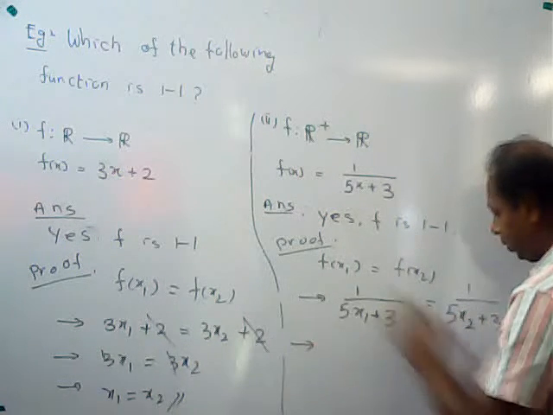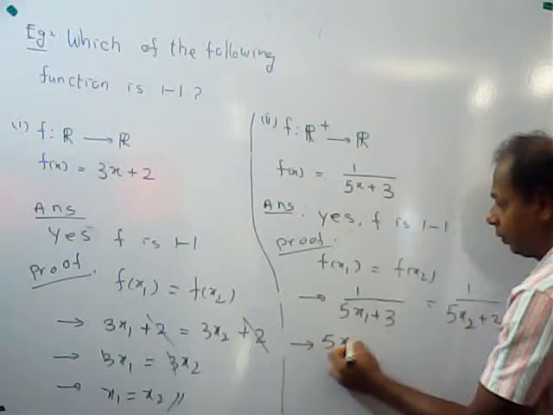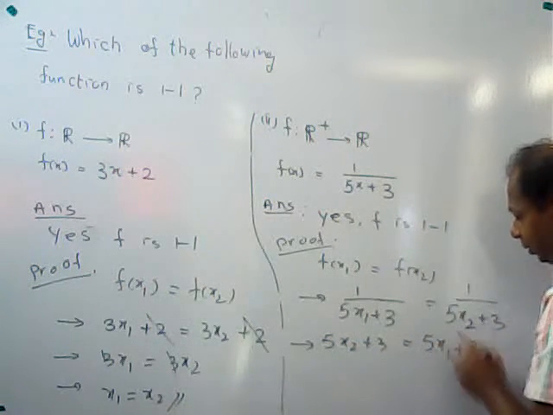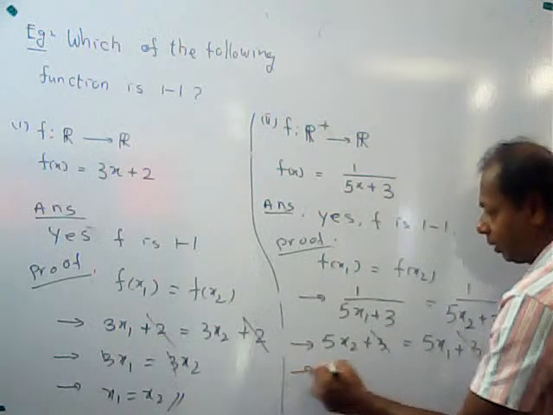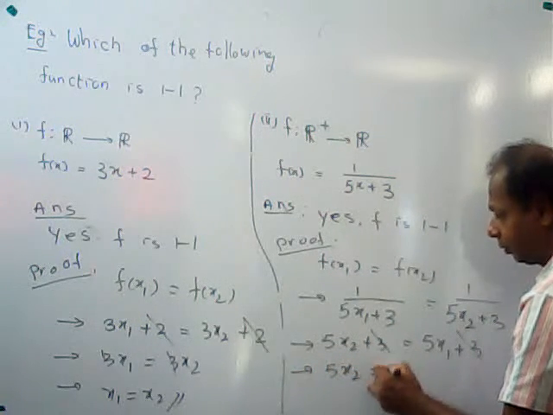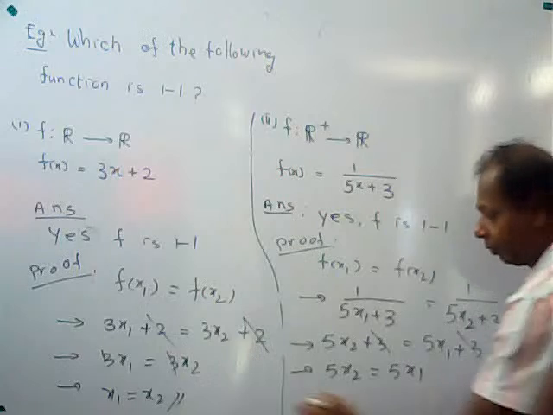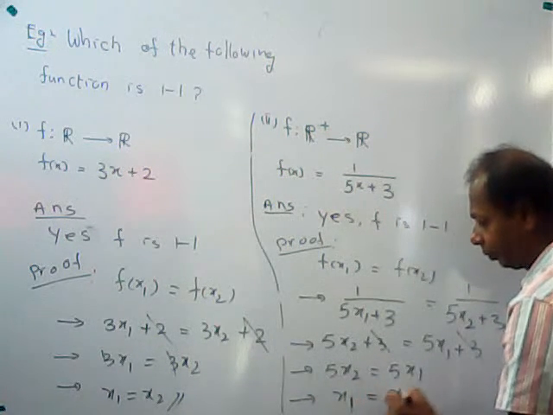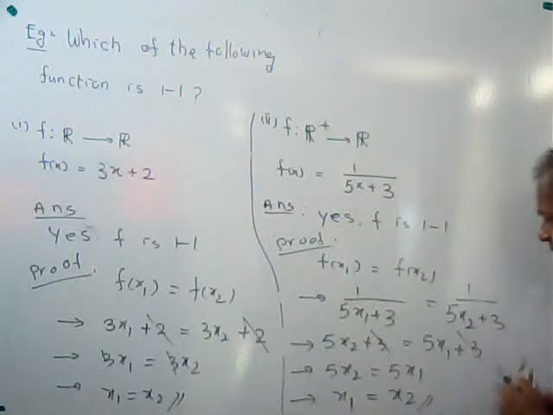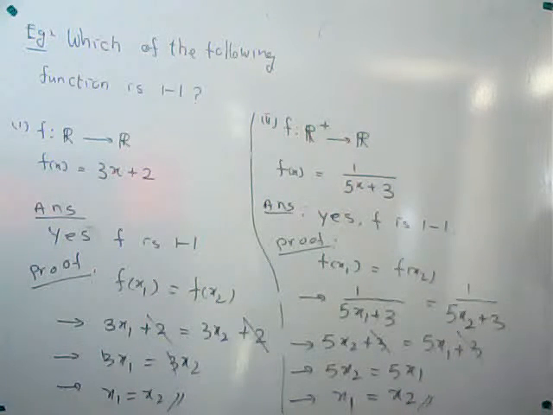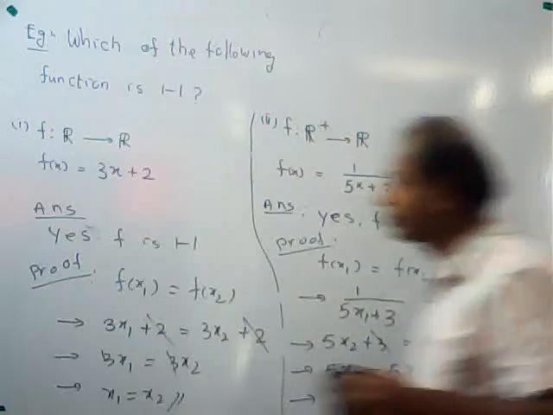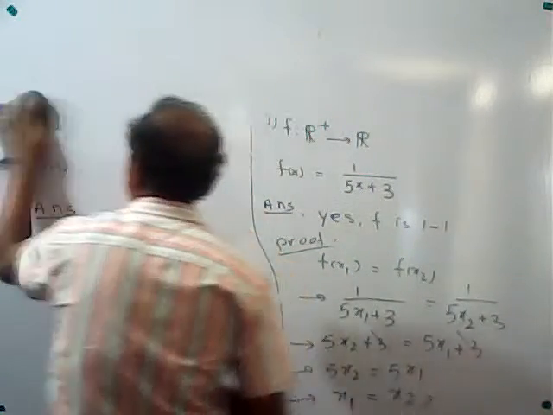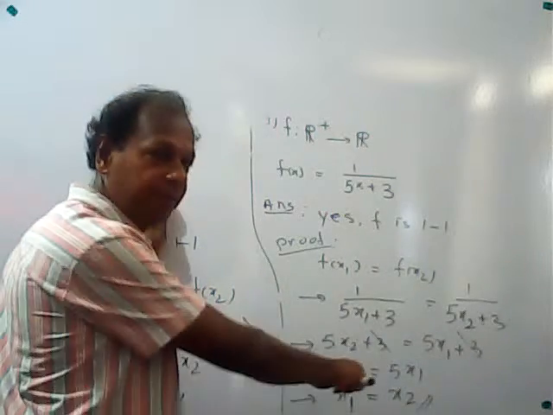This implies cross multiplying 5x2 plus 3 equals 5x1 plus 3. The 3 gets cancelled. Implies 5x2 equals 5x1. Finally, it implies x2 equals x1. This is the proof. So I'll give a third example. You check your answer if it is correct.